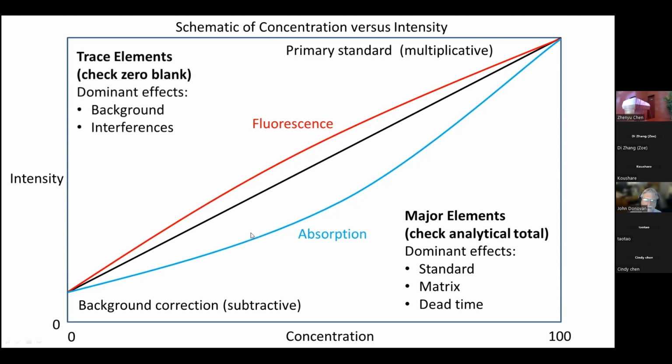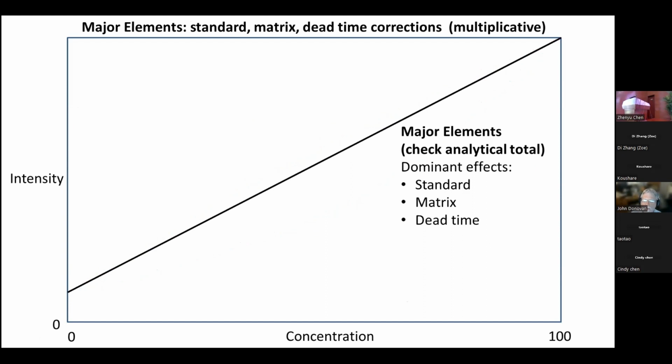For trace elements, we want to check 0. And that's the blank correction, the dominant effects are the background correction and spectral interferences. So always keep that in mind when you're designing your analytical setup. So let's start with the major elements first.